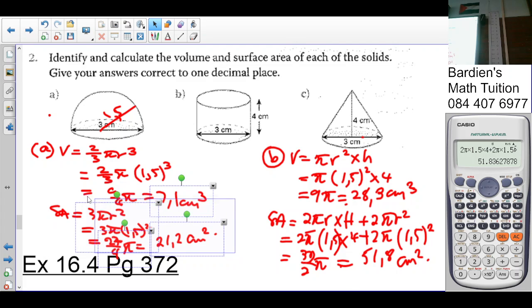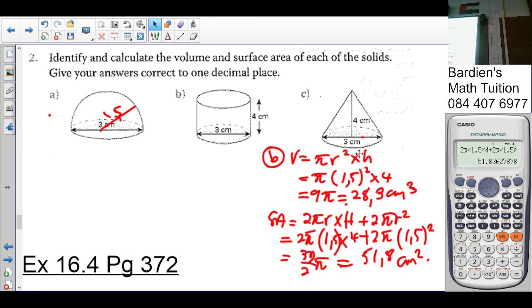Alright, let's look at number C. Let's look at C. What type of shape is that? Cone, yes. How do you work out the volume of a cone? It's a third pi r squared times height.